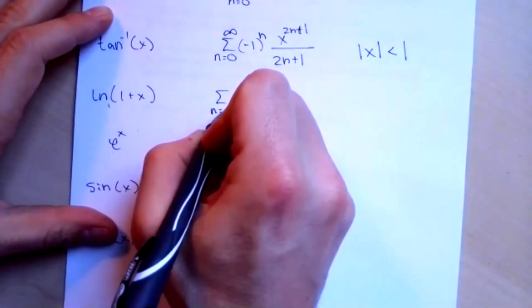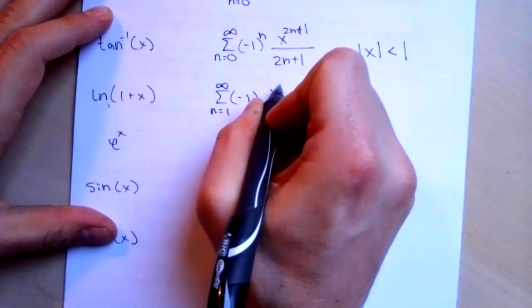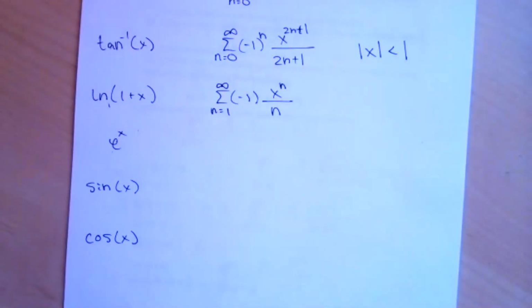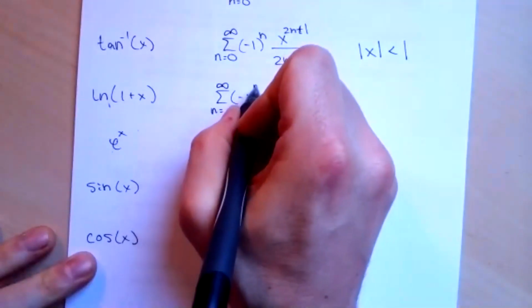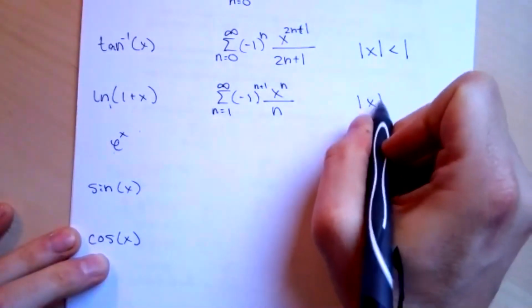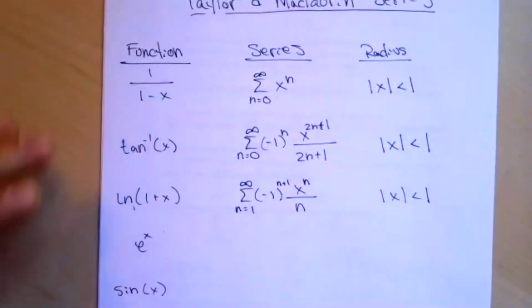So it's a pretty easy series. It's alternating. It's just x to the n, and then the sequence of coefficients is just 1 over n. And our radius for this one was less than 1. So those are our 3 functions.